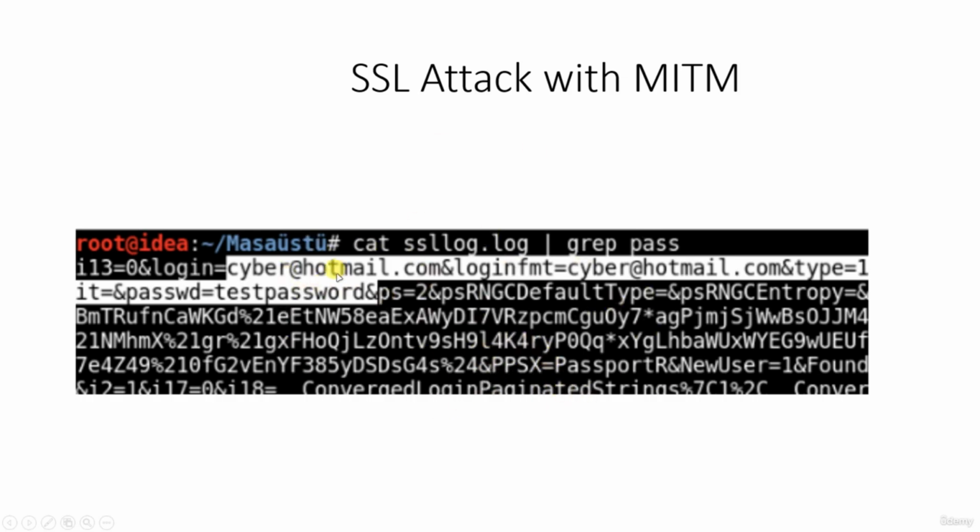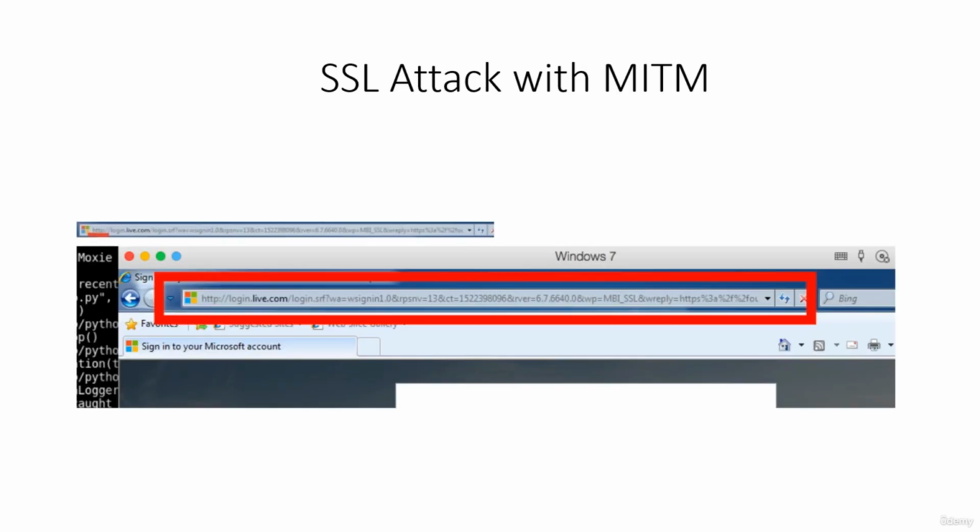The username is cyber@hotmail.com, and the password is a test password for testing purposes. So the attacker can see this on your browser, because SSLstrip downgrades HTTPS to HTTP on the victim computer. As you can see here, the victim computer's web browser connection is HTTP, not HTTPS, because it changed the HTTPS connection to HTTP.